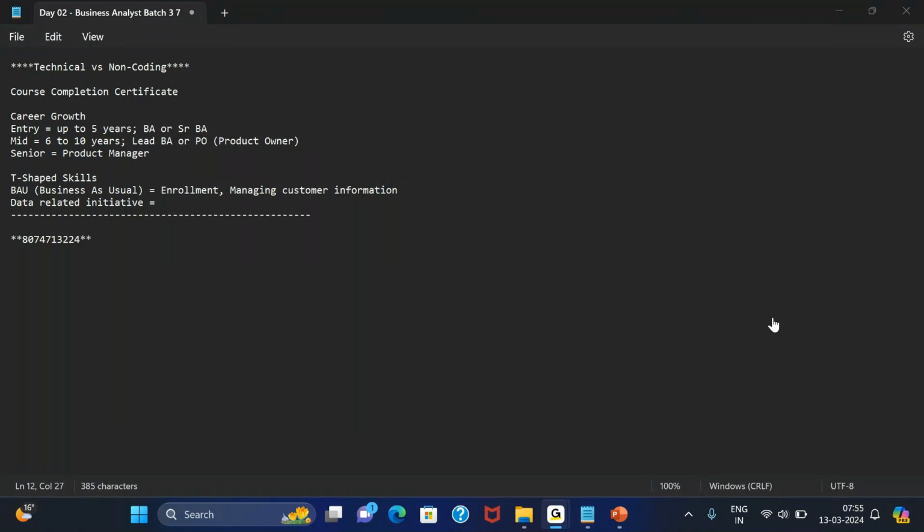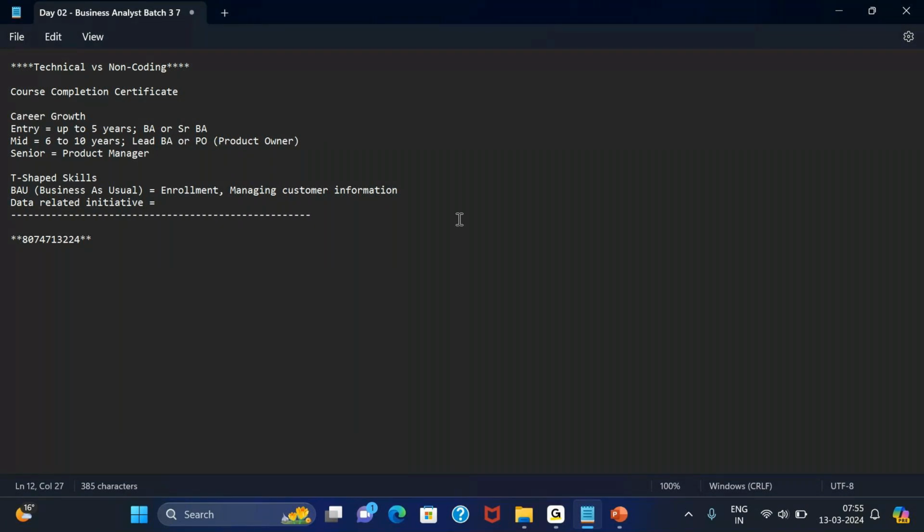But most likely we all as business analysts aim to get into this software development part. If you can get into software development, that is where your major learning would be. If you get into data related initiatives at the starting of your career, I would not encourage that.